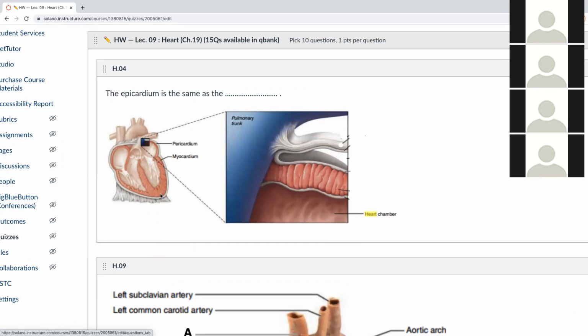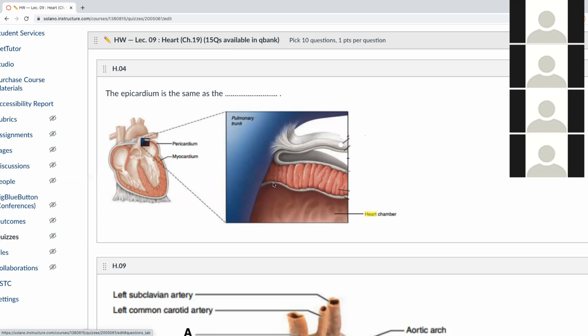So the heart, epicardium, endocardium, which is the inner lining of the heart, which is made of just simple squamous epithelium.